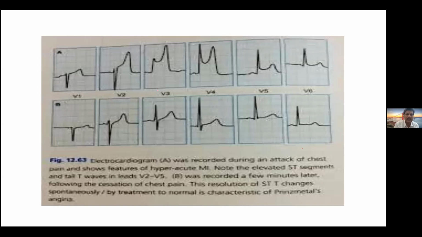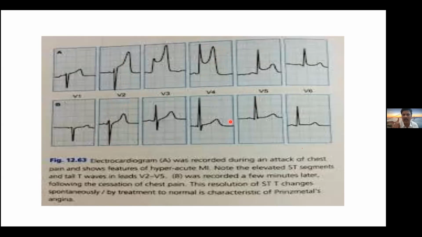See here in V2, V3, V4, there is ST elevation during chest pain, and suddenly after the chest pain is relieved, you have a normal-looking ECG. This is how a coronary spasm, that is Prinzmetal angina, will look. So not every ST elevation is permanent. There may be a transient one.